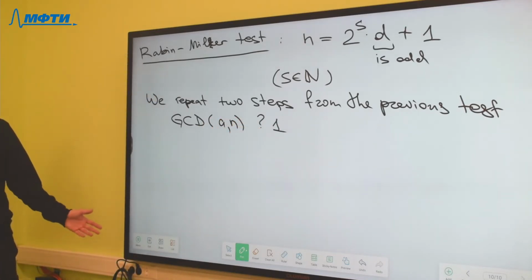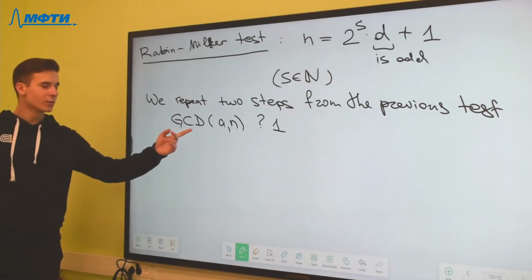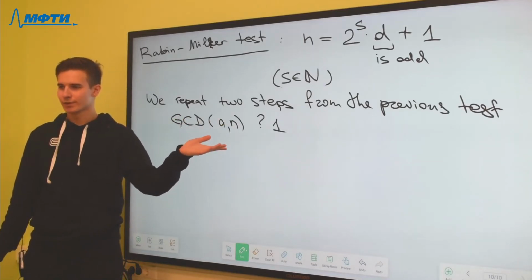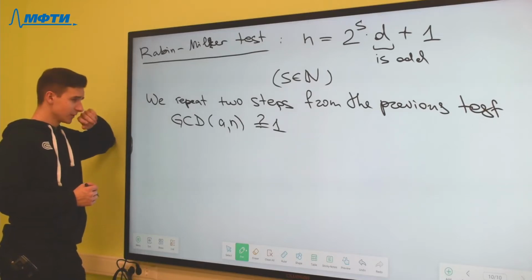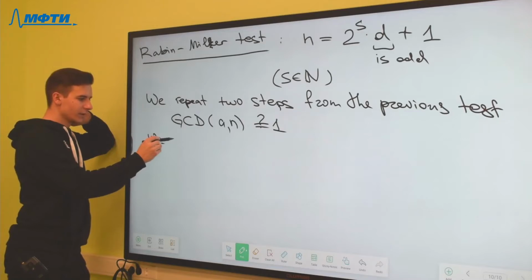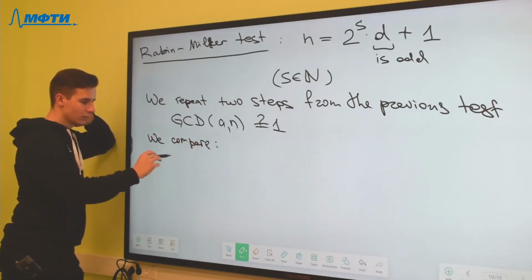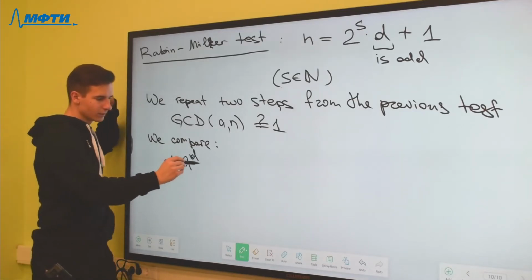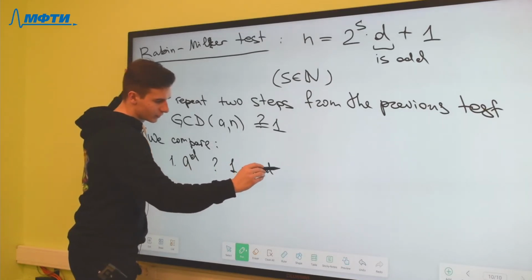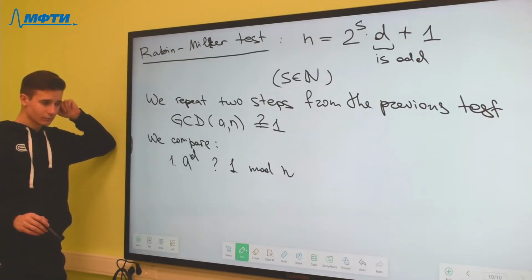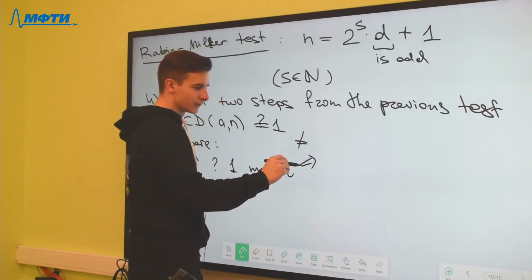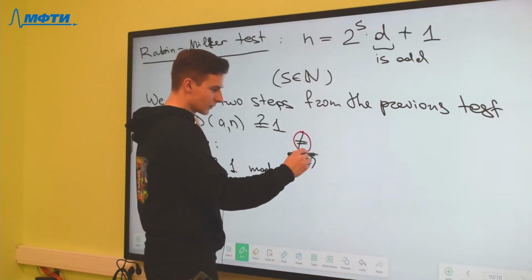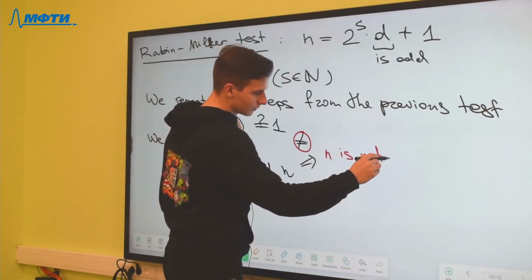If it is not equal to 1, then N is not a prime number, because this number will be a divisor of N. Otherwise, we compare A to the power d and 1 modulo N. If A to the power d is not equal to 1, we say that N is not prime.